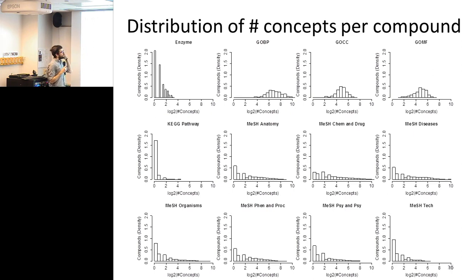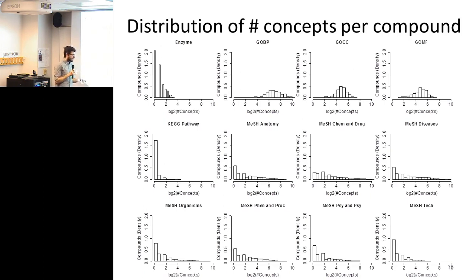So this is all of our concept types, and on the x-axis we have the number of concepts that a compound belongs to on the log2 scale. If you look at the MeSH terms, you'll see that they are left skewed, which indicates that a lot of the MeSH terms have compounds that are unique to only one concept. But they also tend to belong to more concepts as well.